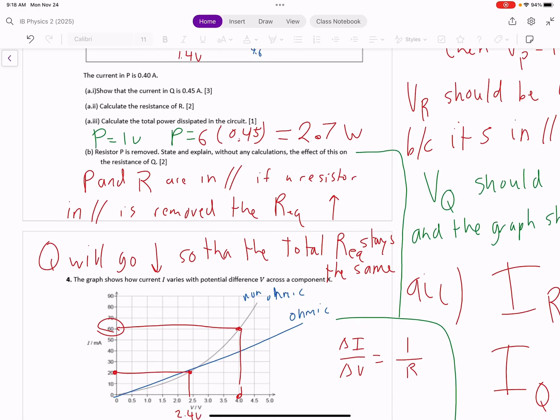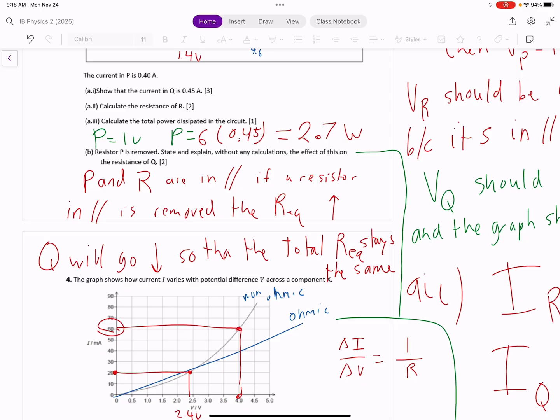If P is removed, state and explain without calculations the effect on the resistance of Q. In the previous questions, they asked what happens if something was added, but now something is taken away. If P and R are in parallel, and a resistor in parallel is removed, then the equivalent resistance goes up.